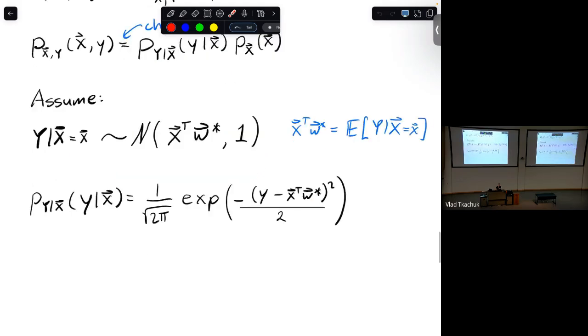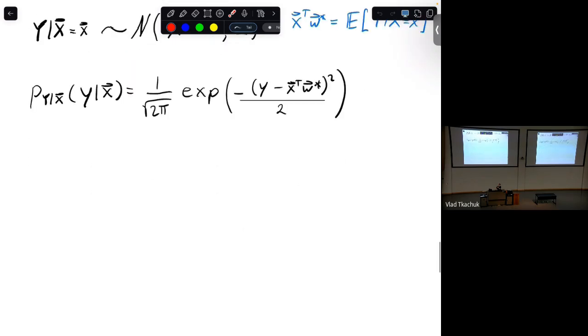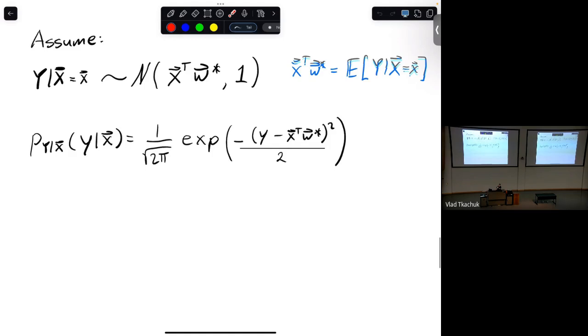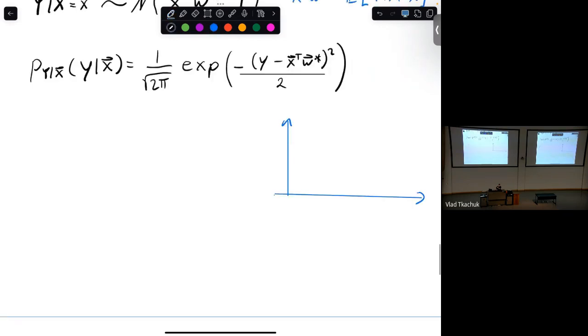In particular, we assumed it's normally distributed, and it has to be some function, probably, that depends on x. Like the expected value should probably depend on x. And maybe, yeah, we had this plot, if you remember very briefly. In the simplest case, maybe the trend is something like this of f base.